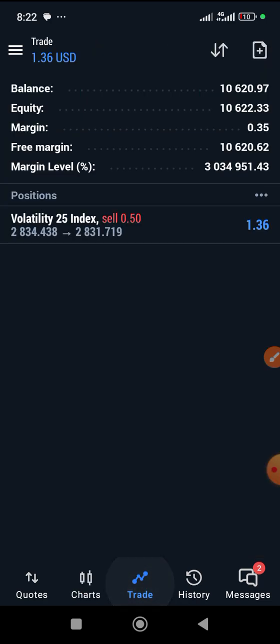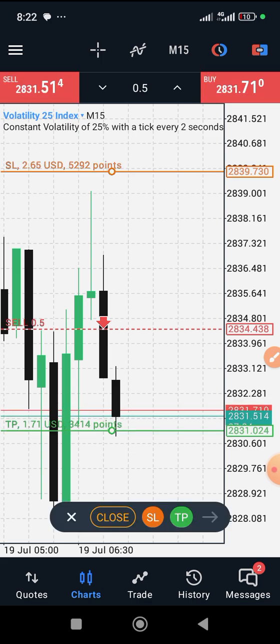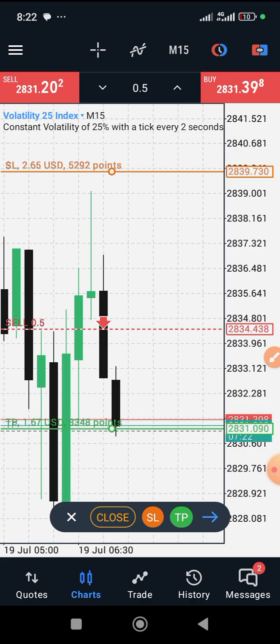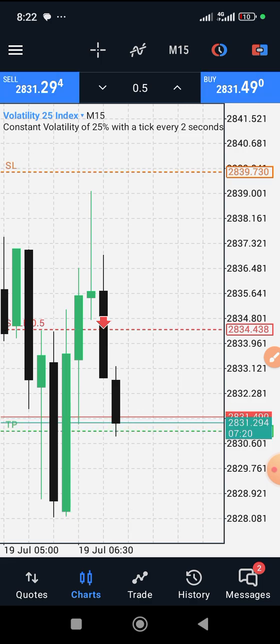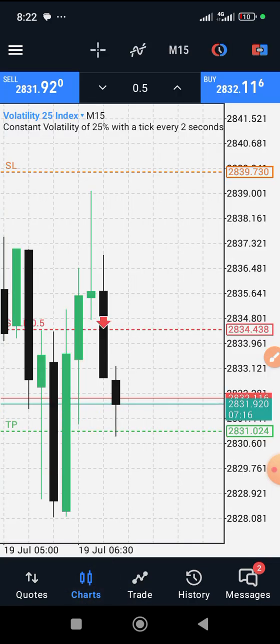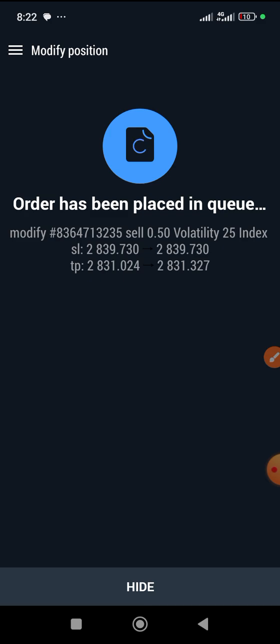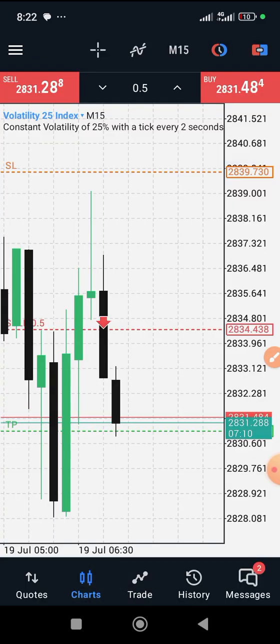So watch what is about to happen, because I think that's how the market price will quickly get to the TP. Okay, watch. Let me adjust it upwards so that you see. Watch.